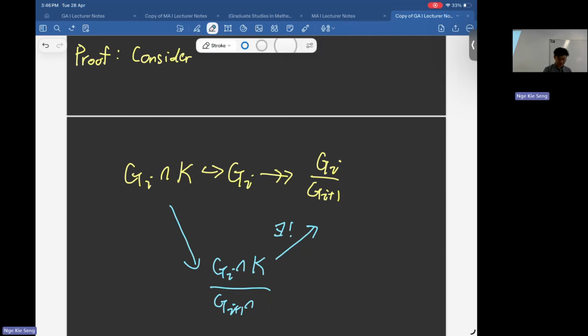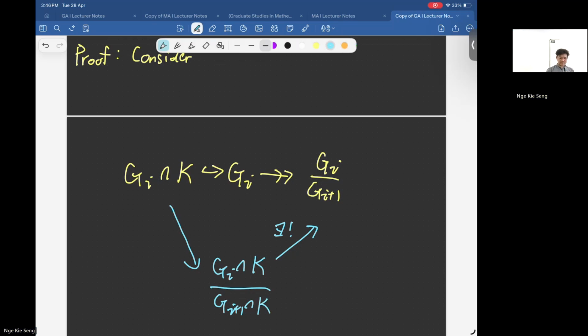Your element is in K and also in G_i, and then everything that's in G_{i+1}, which is in G_i, goes to 0, and it's also in K. So why do you need the intersection between these?